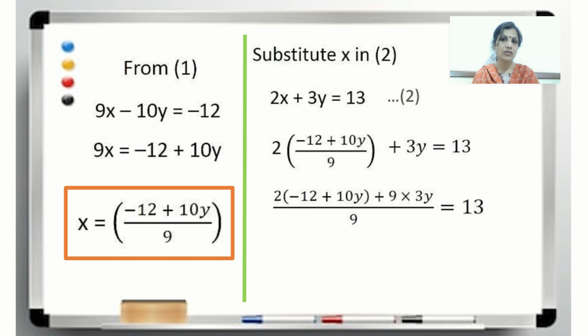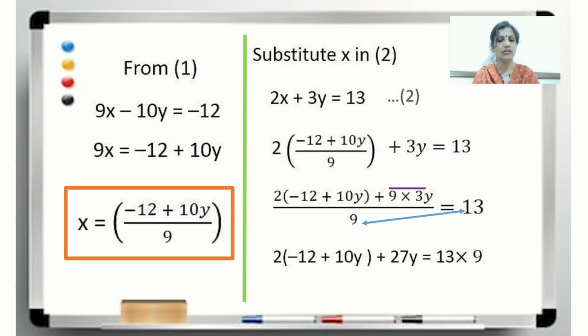So we have solved it by cross multiplication and it is equal to 13. Now multiply this 2 with the bracket, so it will give you 2 into minus 12 plus 10y plus 9 into 3 is 27y is equal to, cross multiply this, 9 into 13.